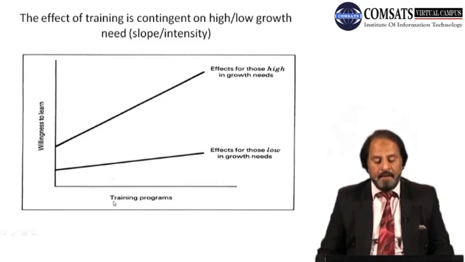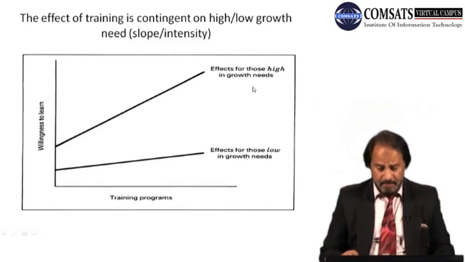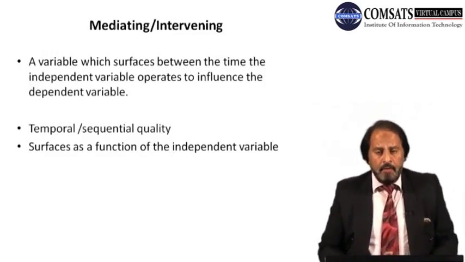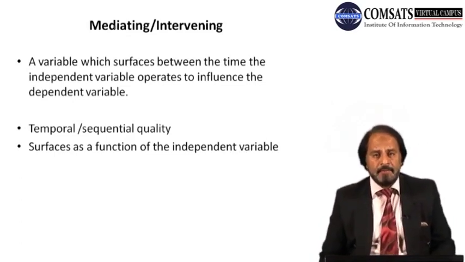On the other hand, the effect of training program on willingness to learn will be there for people who have high growth needs. So we're looking at the variable growth needs from a moderating perspective, that this variable moderates the relationship.